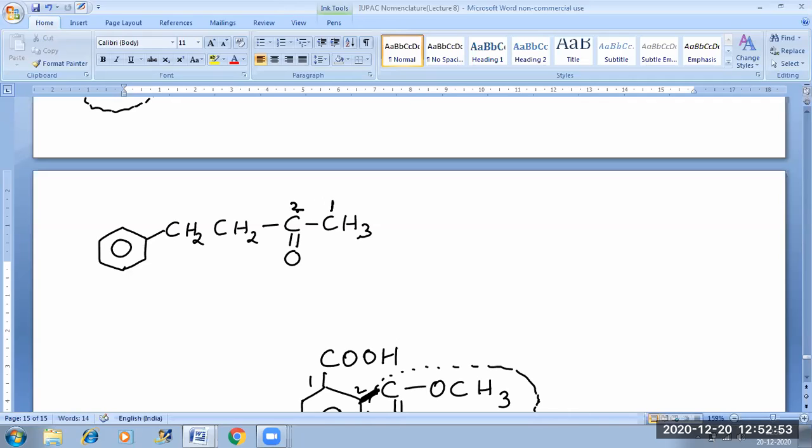So now you will number like this, and also you will try numbering the other way and see. Which one is correct? The second one. Why?